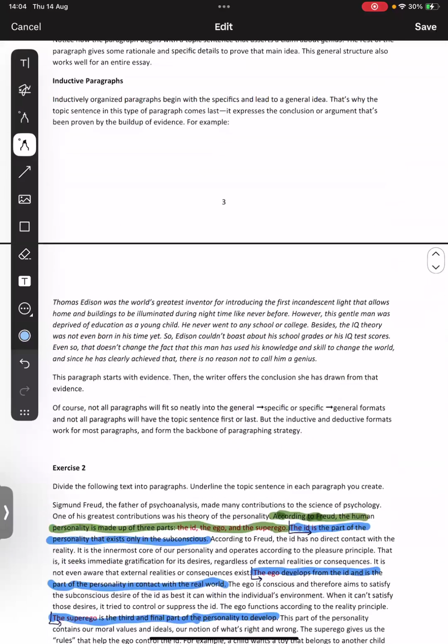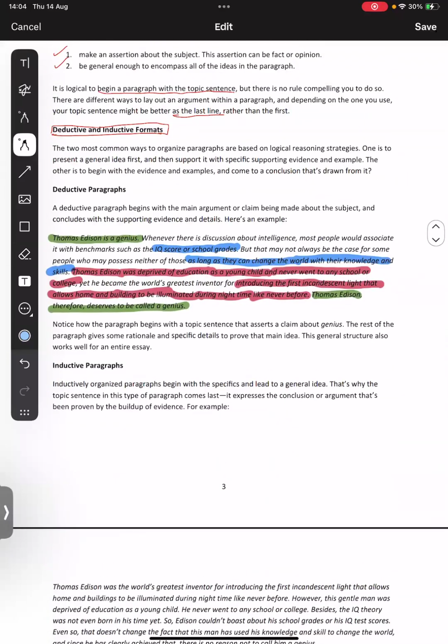I think yesterday we talked about how to use inductive and deductive format. Deductive begins with a claim followed by justification. Inductive is the other way around. It starts with a bunch of facts and theory, and later on you try to show how each of those facts is connected together to arrive at a reasonable conclusion.